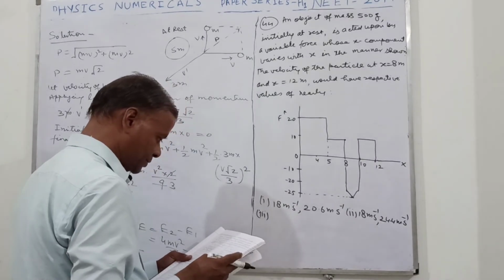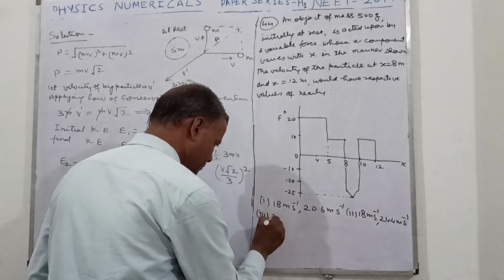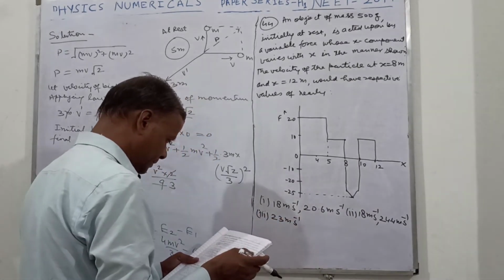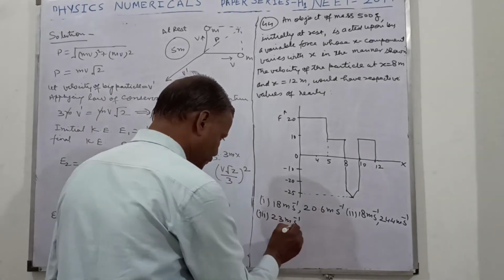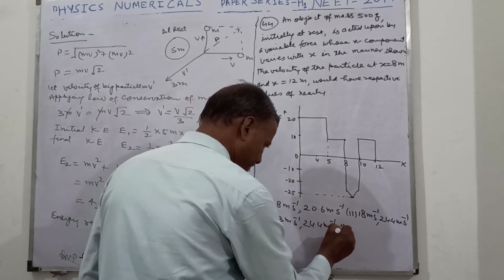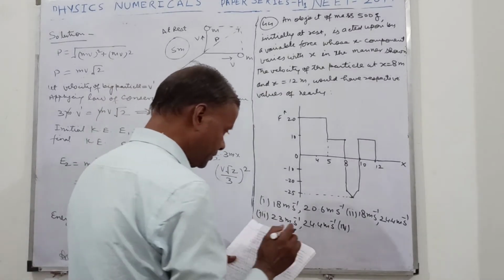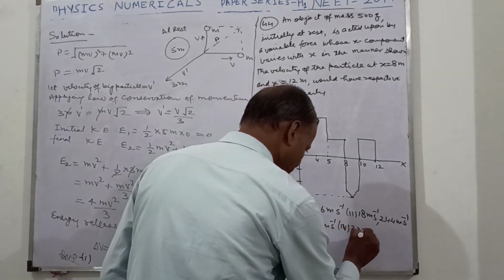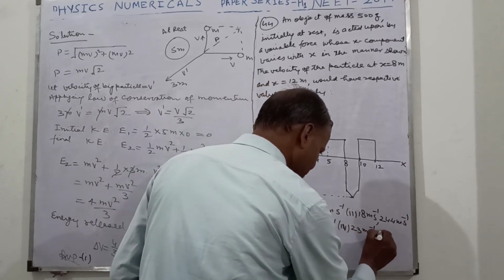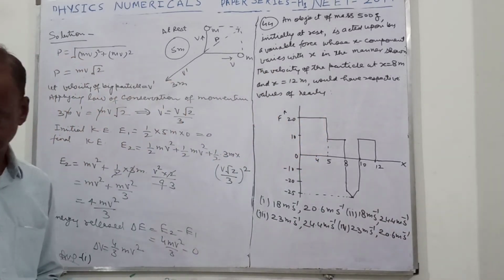And now third is 23 meter per second. And fourth is 23 meter per second, and this is now 20.6 meter per second. These are the options.